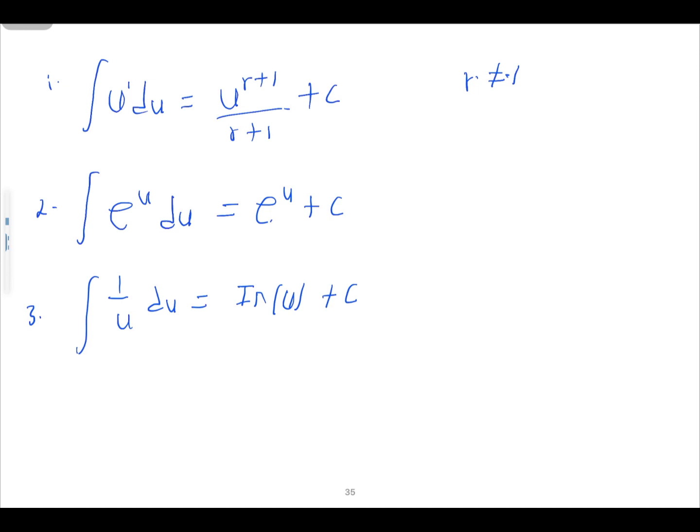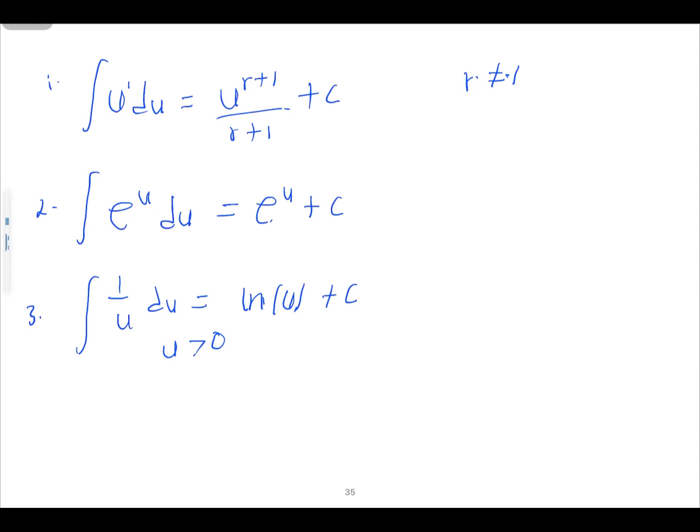Since ln does not accept negative numbers, we assume that the u value should be greater than 0.